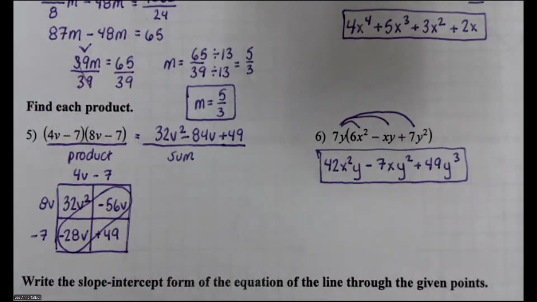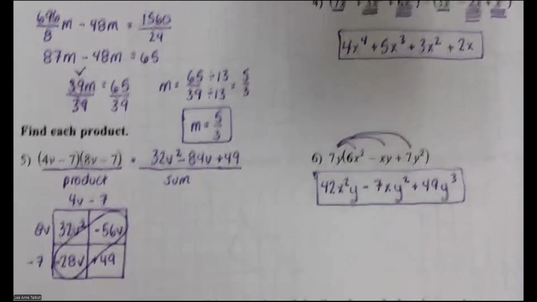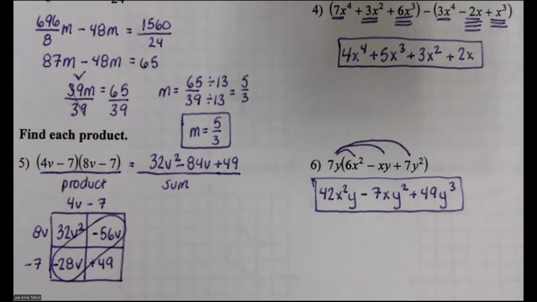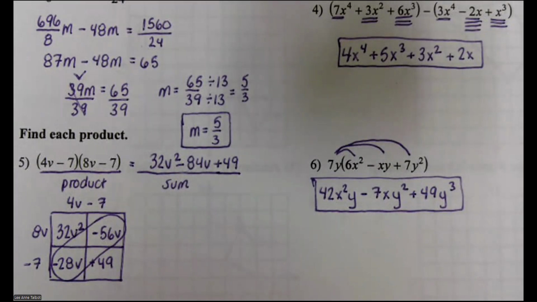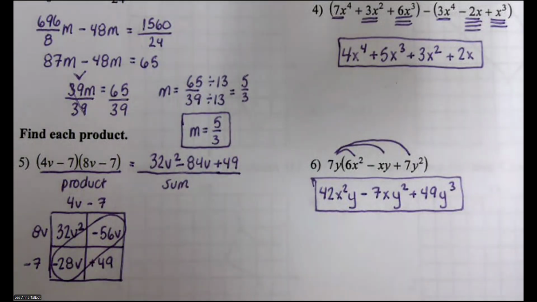And none of those things are like terms, so they cannot be added together any further than that. Okay, do you guys have any questions from 4, 5, or 6?